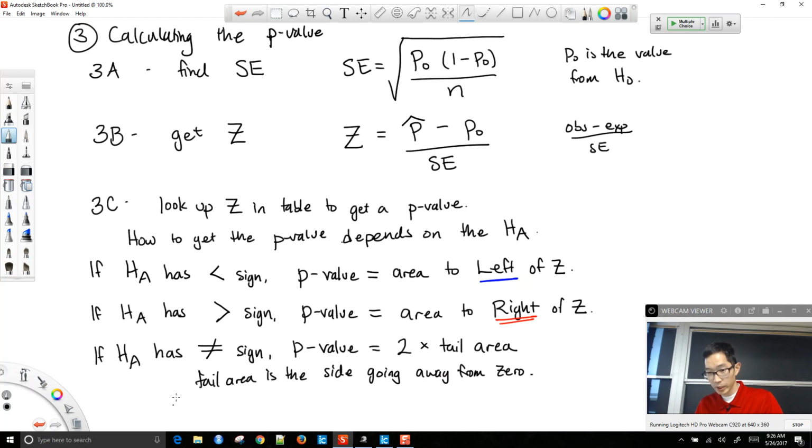Meaning, that is to say, that tail is to the left if z is negative, and the tail area is to the right if z is positive.